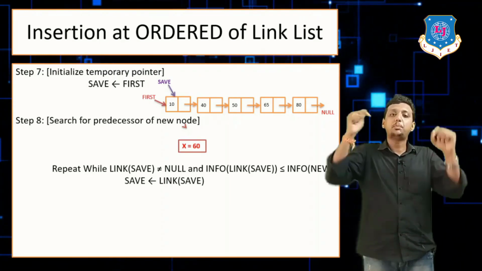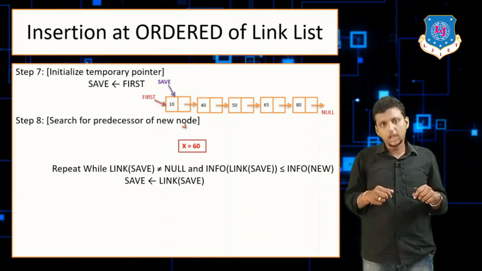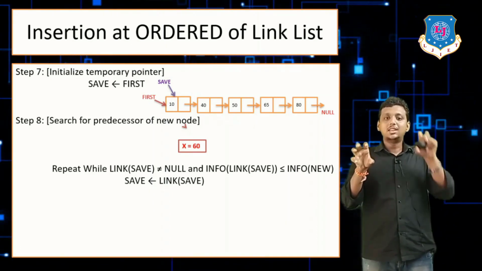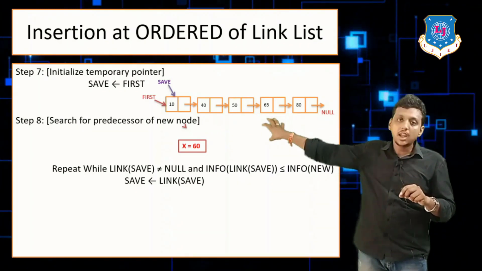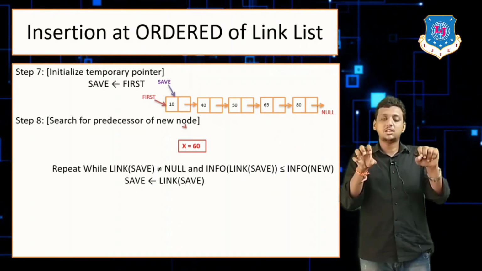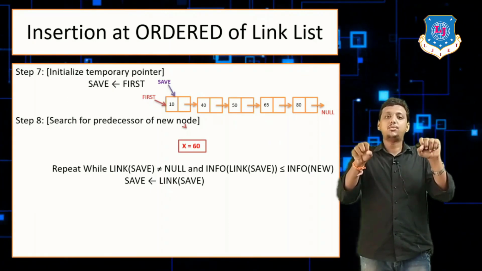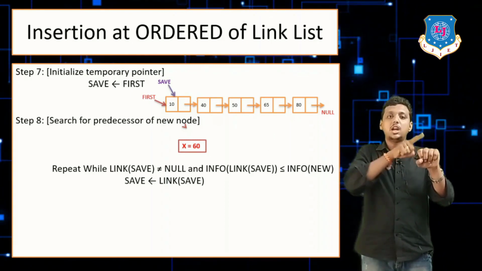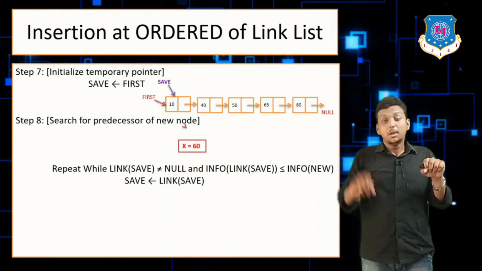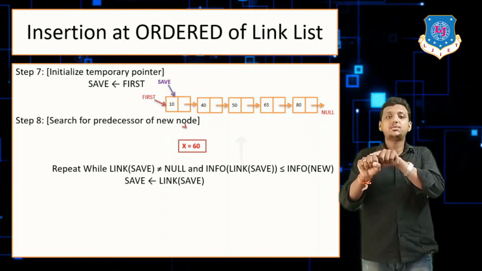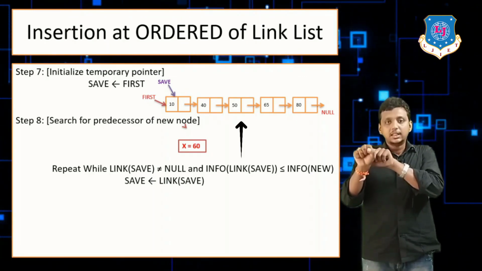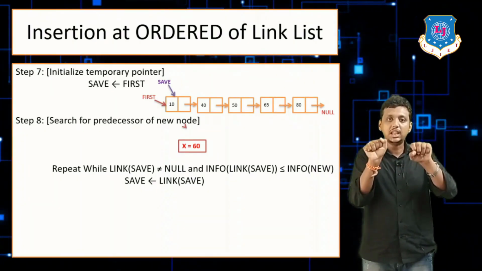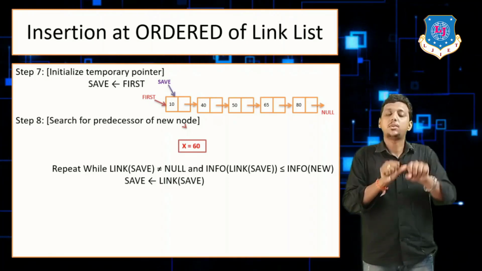You must have pointers to the particular nodes, so you can identify them. Here, this is my 65 value, and this is my 50 value. What I need to do is identify the name of both of them. So if my save pointer stops at 65, I will not be able to find out the name of the 50. But if my save pointer stops at this 50, then I can easily say the link of save is 65. If this save is 50, then link of save is 65.